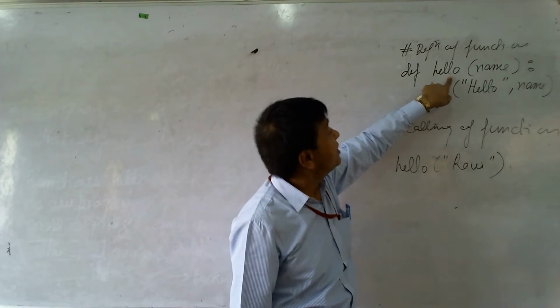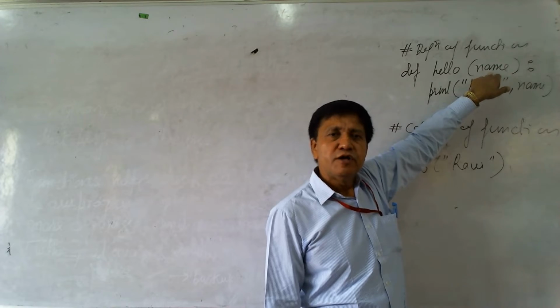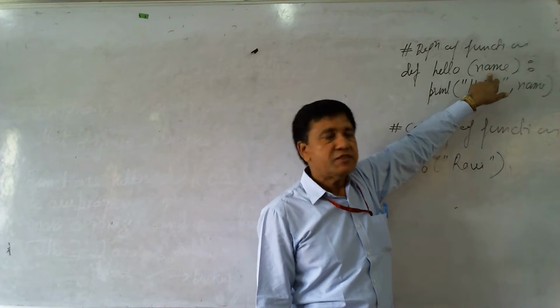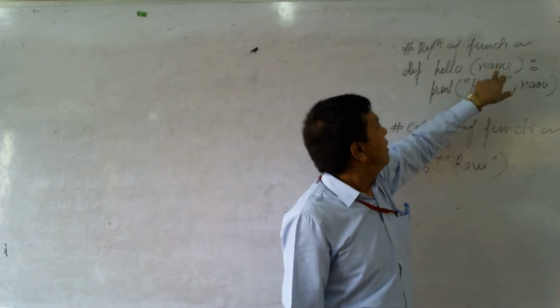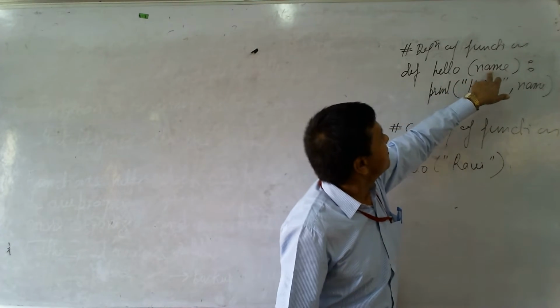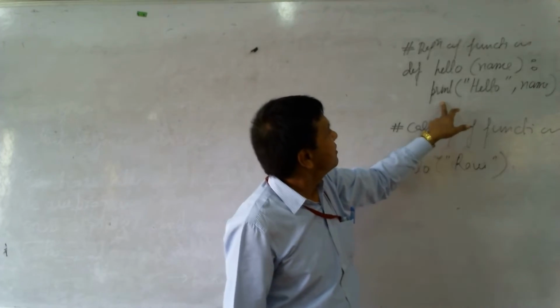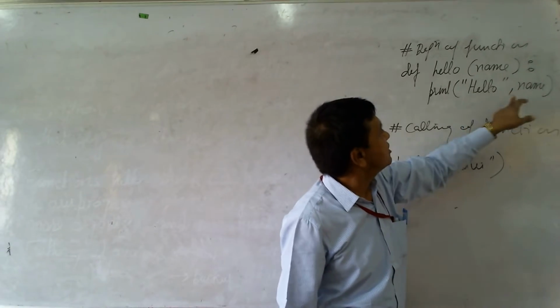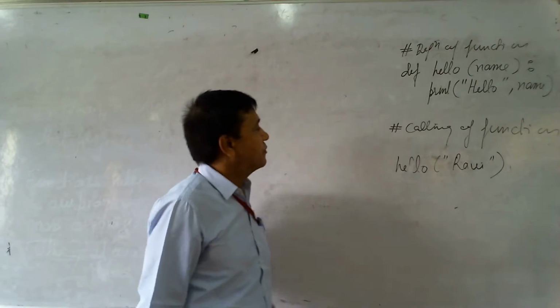Hello is the function name and this is the parameter. In Python, there is no need to specify the data type of the parameter. It receives the parameter from the calling function, and this is the statement which we are writing in the function.